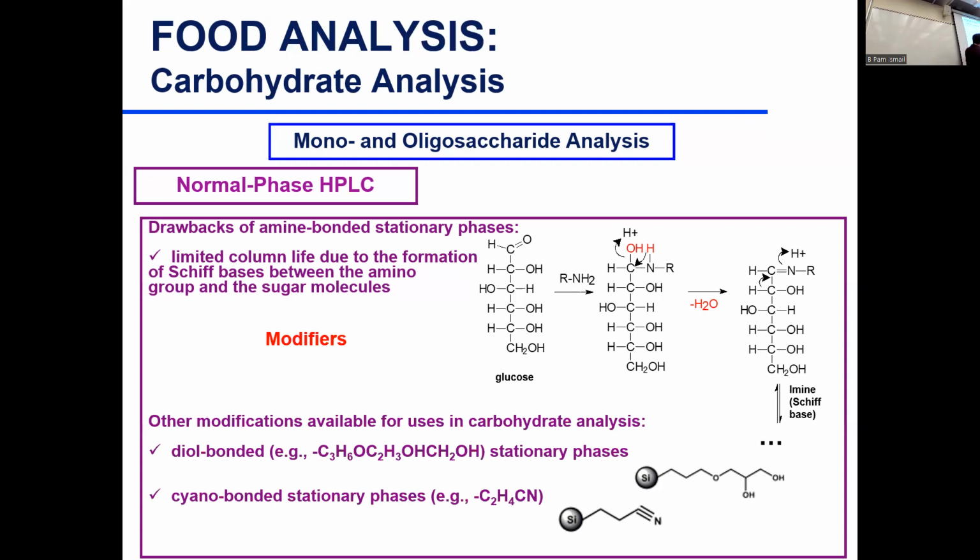There are different functional groups that can be attached to your column, and also can form a polar interaction with your sugars. But the most common is the amine bonded. So if I ever ask you for an example, do remember the amine bonded scenario.